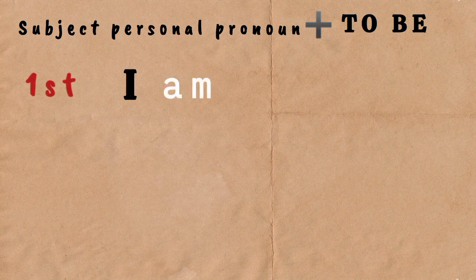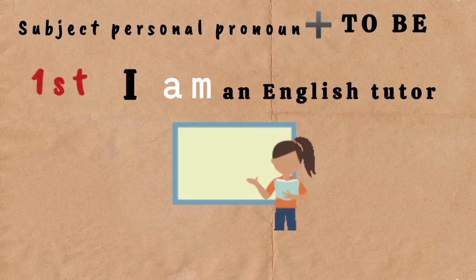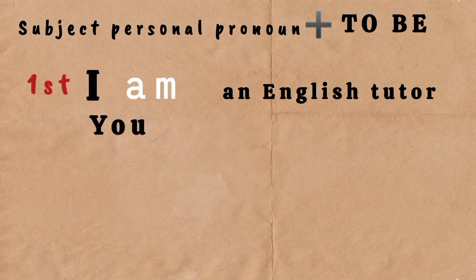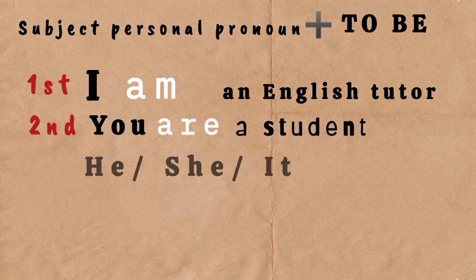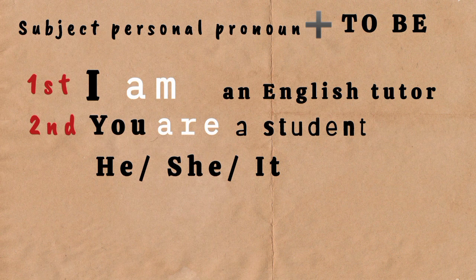As you can see, the verb to be has changed to am when used with I. I am an English tutor. You, second person singular. You are a student.